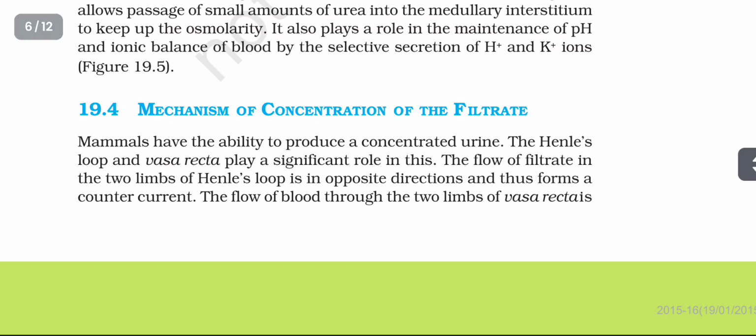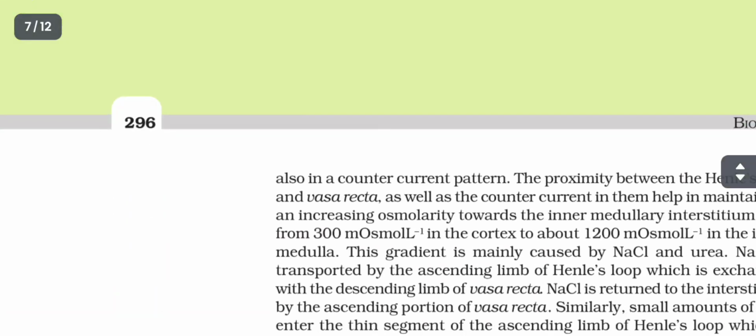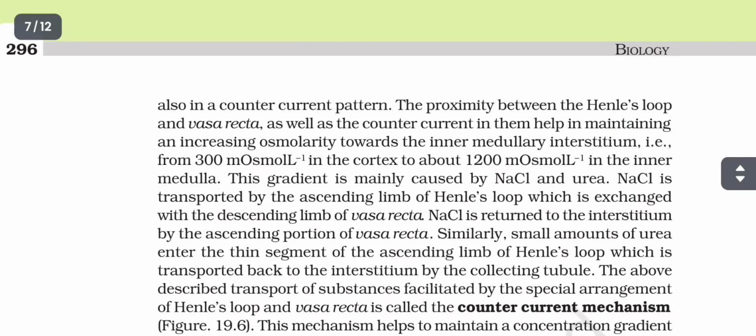Mechanism of concentration of the filtrate. Mammals have the ability to produce a concentrated urine. The Henle's loop and vasa recta play a significant role in this. The flow of filtrate in the two limbs of Henle's loop is in opposite direction and thus forms a countercurrent. The flow of blood through the two limbs of vasa recta is also in a countercurrent pattern.